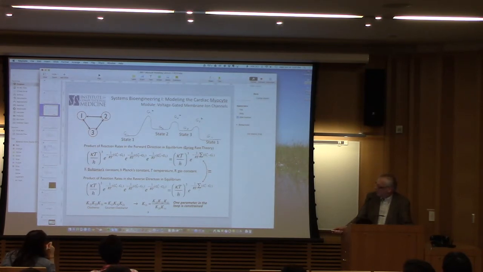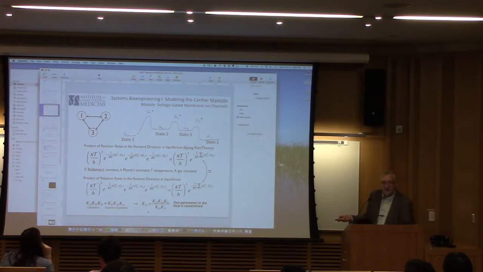Why is this important? Because if we call this rate K12 and this rate K23 and so forth, and we form the product of those rates traversing the loop in the clockwise direction and set it equal to the product of those rates traversing the loop in the counterclockwise direction, we can solve for one of the transition rates in terms of the others.